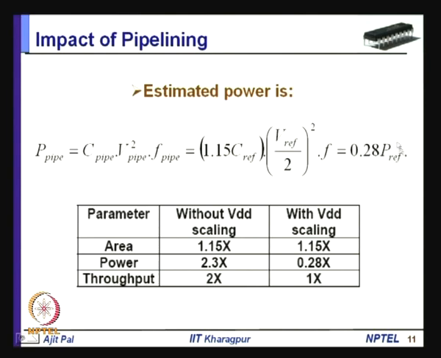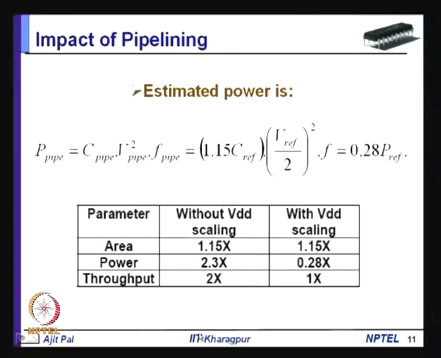That means the power dissipation is 28% of the original 16-bit addition. So, we find that we are able to reduce the power dissipation by voltage scaling. However, we are maintaining the same throughput. That means this is essentially pipelining for low power and not pipelining for performance.